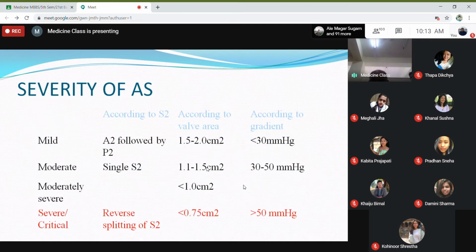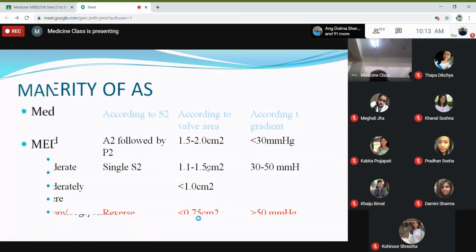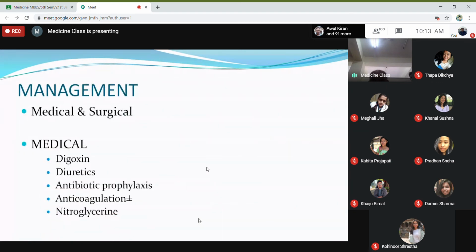I have said that there will be a reverse splitting of S2, and an orifice of less than 0.75 or sometimes 0.5 is called critical aortic stenosis. In the management, it's medical or surgical. In medical, it may be digoxin, diuretics, and antibiotic prophylaxis for infective endocarditis.